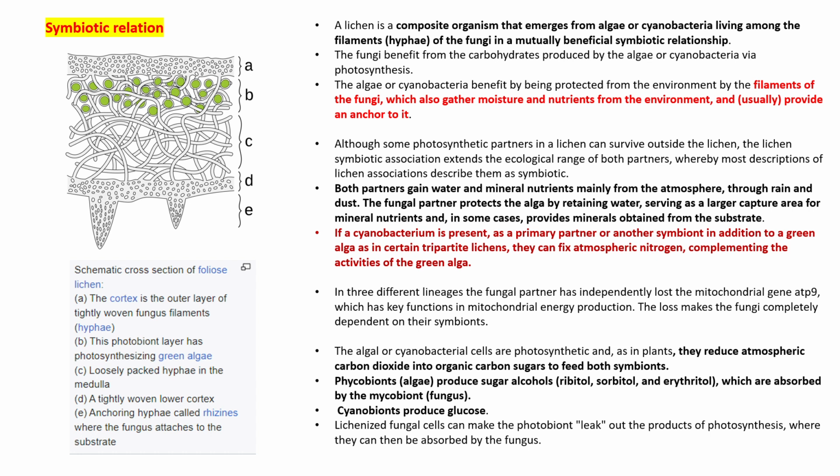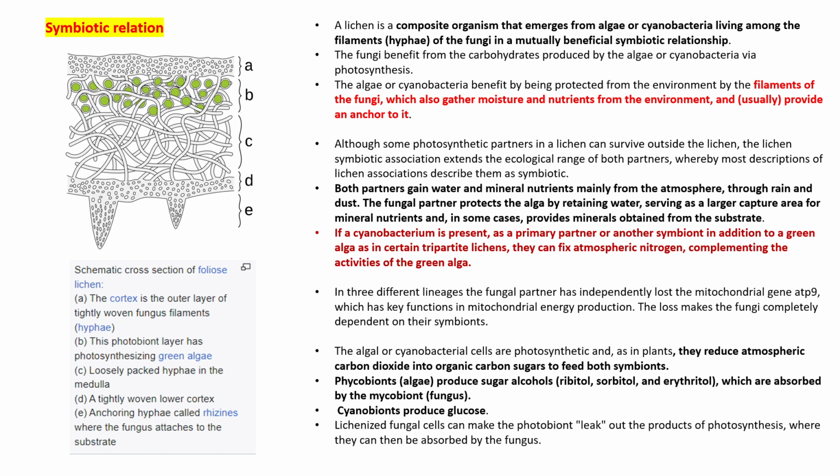Now if a cyanobacteria is present as a primary partner or another symbiont in addition to a green algae, as in certain tripartite lichens, then they can fix nitrogen. So cyanobacteria, if it is present as the photobiont, can fix atmospheric nitrogen and complement the activities of green algae.